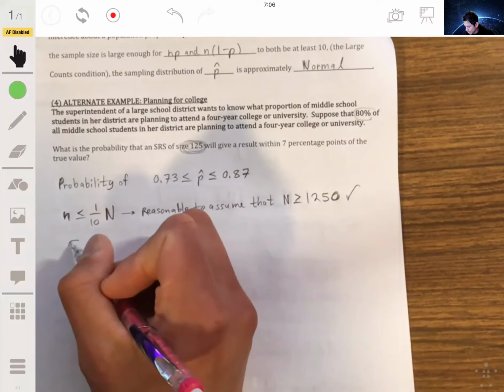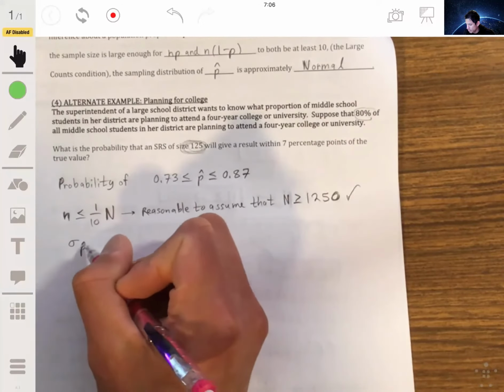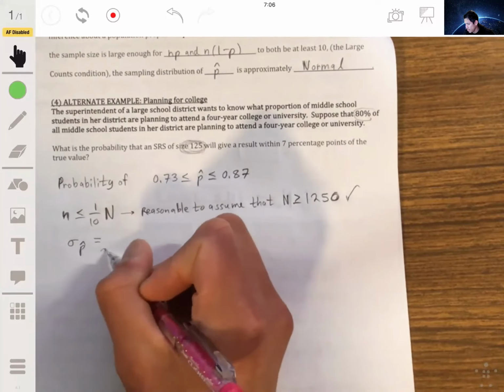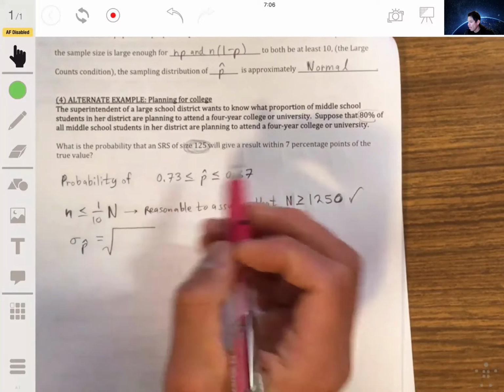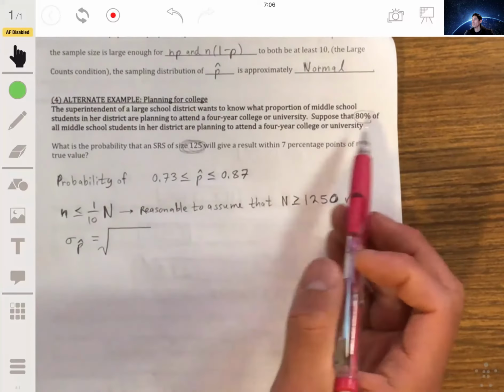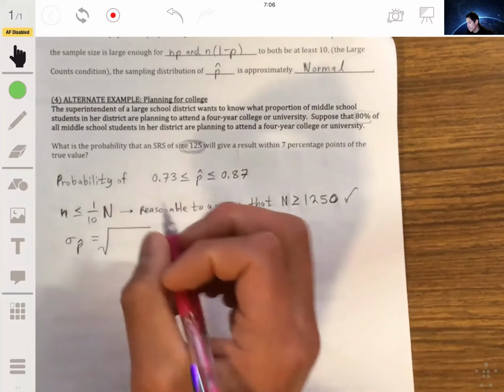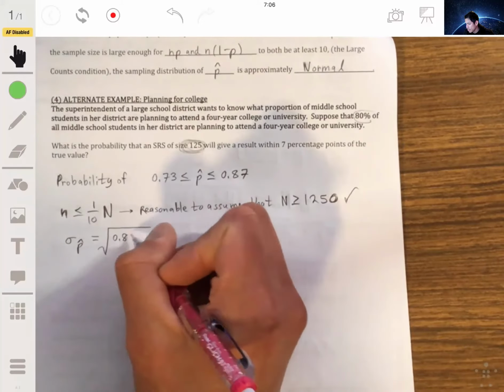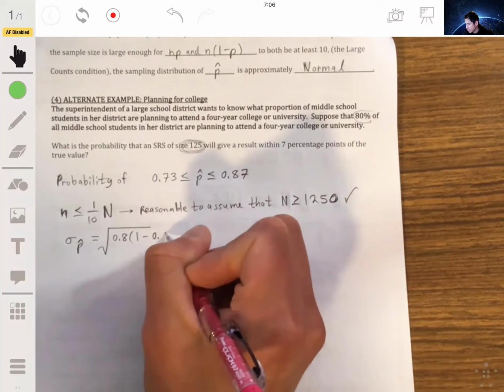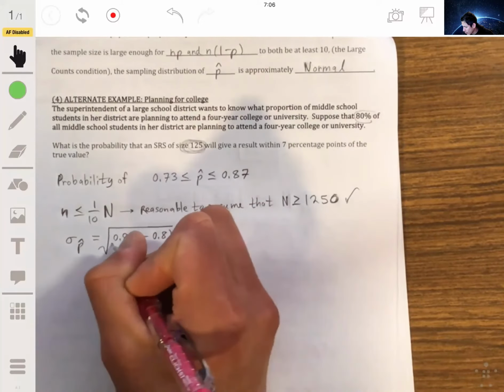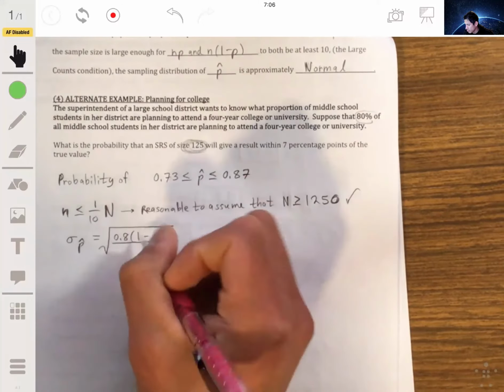So we then could say that the standard deviation of the sampling distribution of p hat could be equal to the square root of our population proportion, which is going to be 0.8 times 1 minus 0.8, all over our sample size, which is 125.